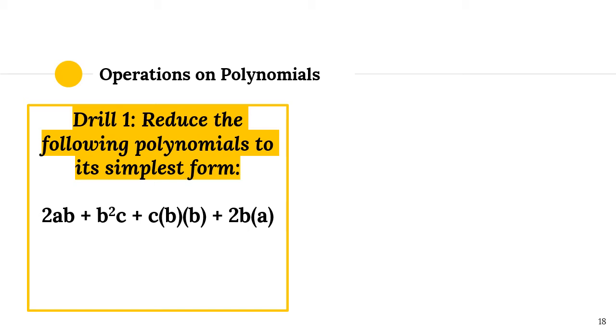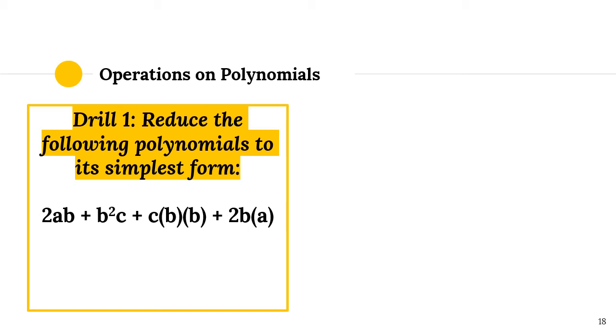Different order, but the same variable with the same exponent. Therefore, the second and the third terms are like terms, and we can combine them. The first and the fourth have the same situation. It's 2ab, but the fourth is 2ba. Different order, but same variable with same exponent.